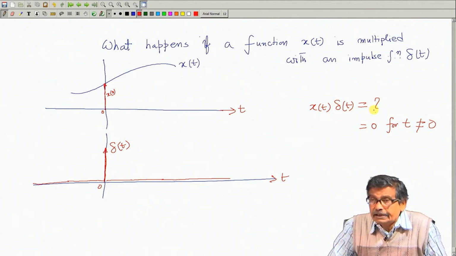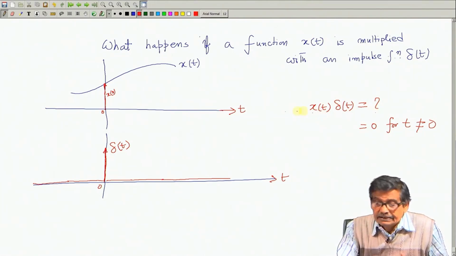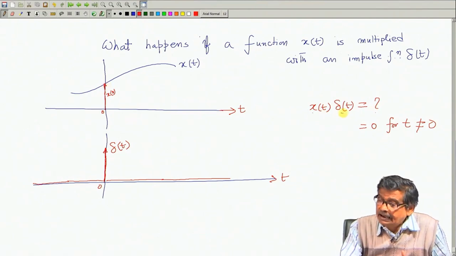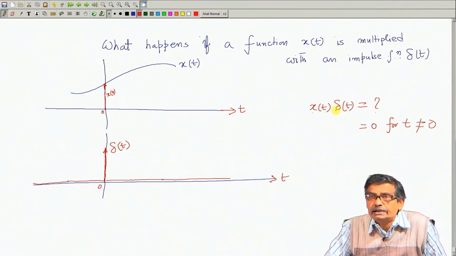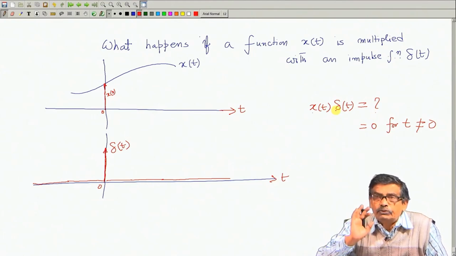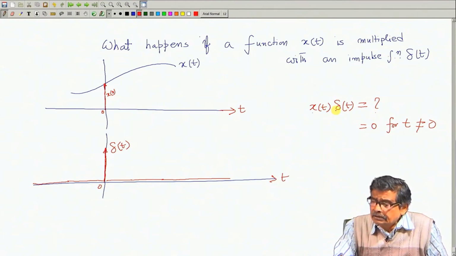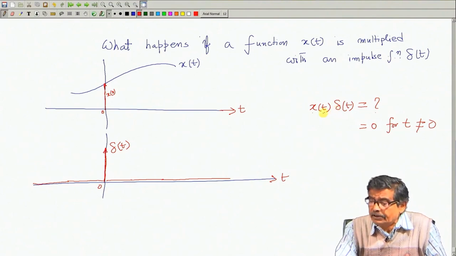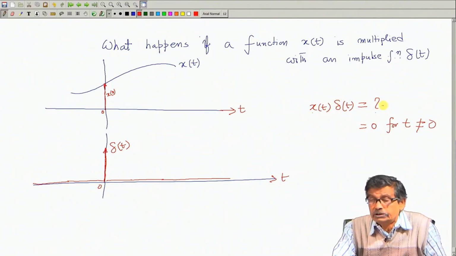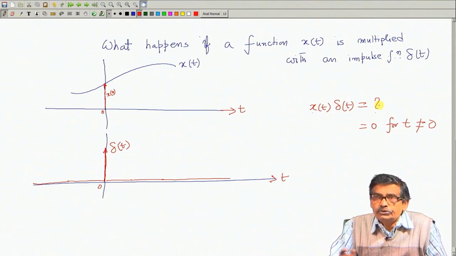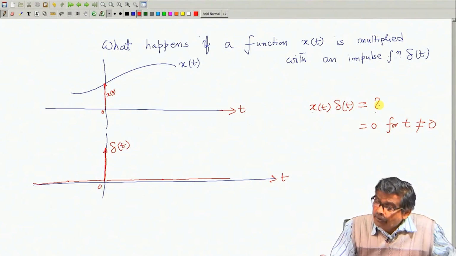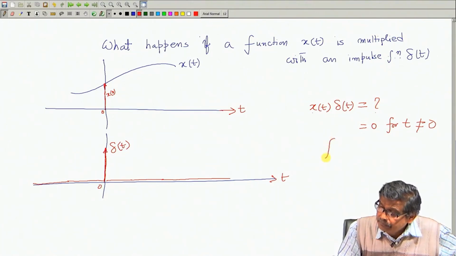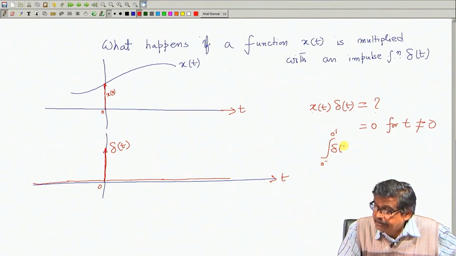Well, that cannot be said, because x(t) has a finite value, but delta(t), as I told you, at t equal to 0 blows up towards infinity. We do not know the value of this function at t equal to 0, but what we know is this: about delta(t), I am certain that the integral of delta(t) dt is equal to 1.